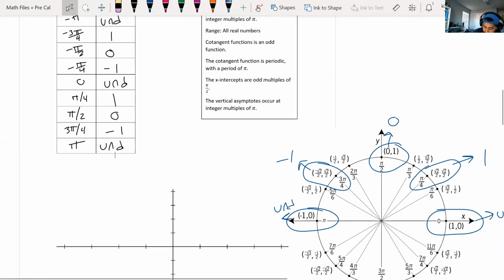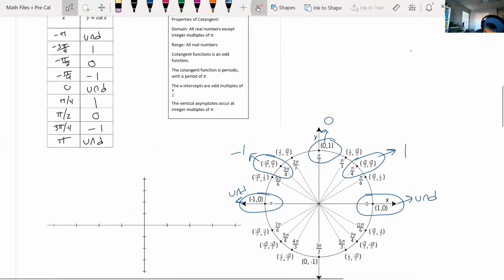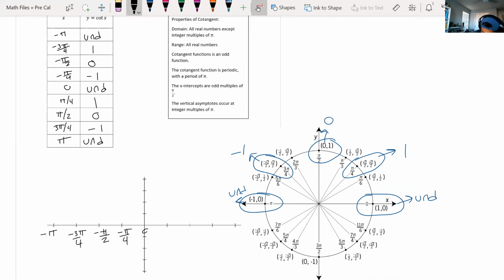Okay, now plot your points. Highest we go is 1, lowest we go is -1. And this time we have vertical asymptotes at integer multiples of pi.